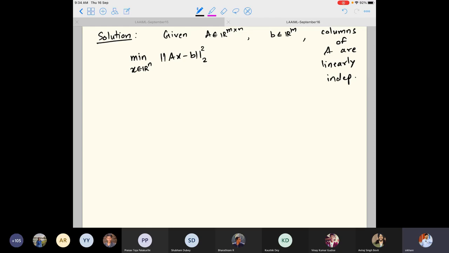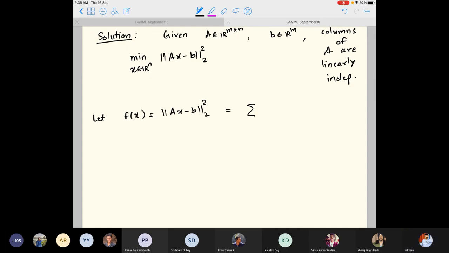Using this calculus, we will try to compute the solution to this least squares problem. Okay. So let f(x) be equal to the norm of Ax minus b, whole square. This is my cost function. I will write this cost function down in an easier way. You tell me if you all agree with me or not.